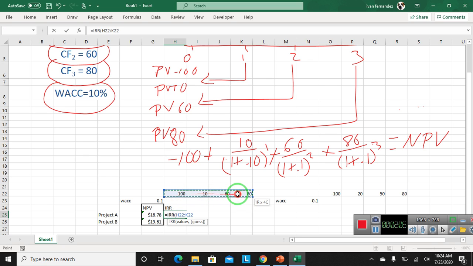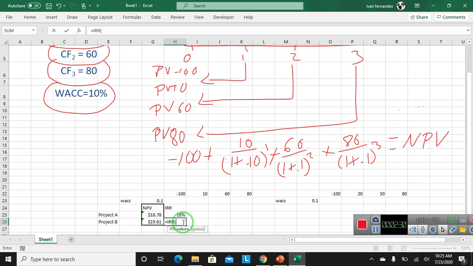All you have to do is highlight the values, including the initial outlay of cash. Remember, when you use the NPV formula, you do not select the outlay of cash, the initial outflow, okay? But with IRR, you do, you just highlight them all. Done.